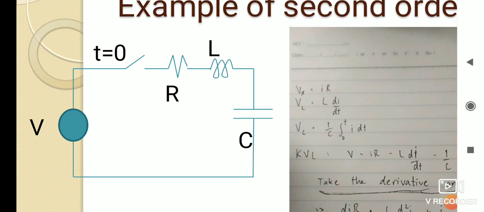This happens when the switch begins to close and the current starts to flow around the circuit. The current will pass through the resistor, the inductor, and will be filled in the capacitor, which leads to the next state, which is called the final state. This state happens when the capacitor is fully filled with the current.